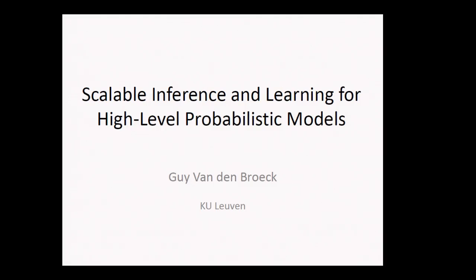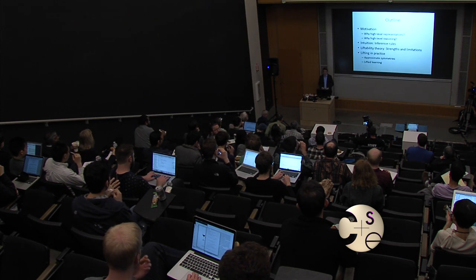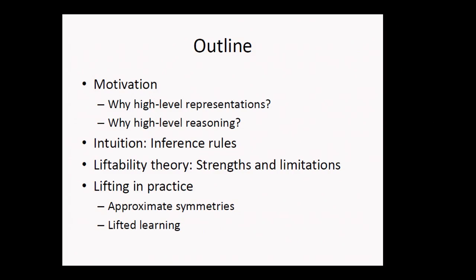So my talk will be about scalable inference and learning for high-level probabilistic models. And this is the outline. For the first part of my talk, and the most important part, of course, I'll try to motivate you why I think this is an important area of research and why I think these are important problems. And specifically, I try to motivate why we need high-level representations of uncertainty and why we need high-level reasoning algorithms.